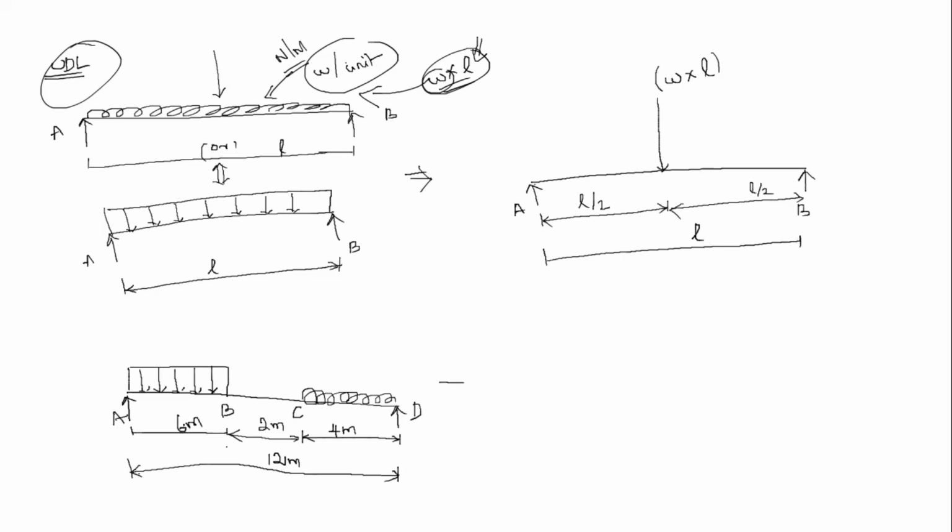Now we are going to convert this into a concentrated load. After that we have to calculate, right? So first draw a line, right? So a simply supported beam, simply supported at point A. Now we are going to convert this. The value of this load is 5 kilonewton per meter, right? For this, it is 3 kilonewton per meter.